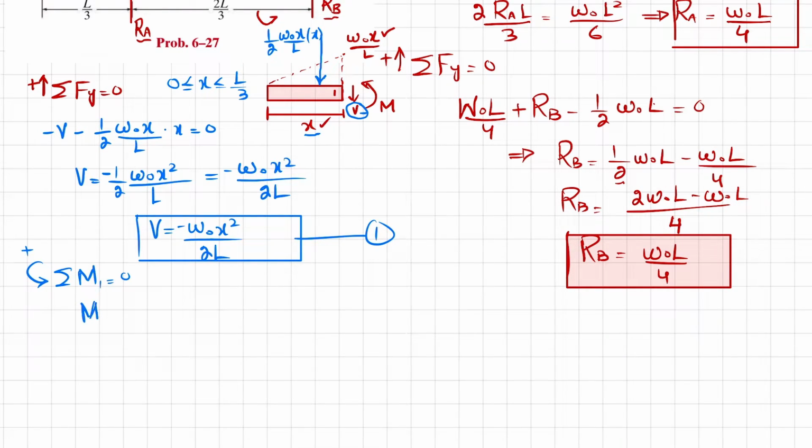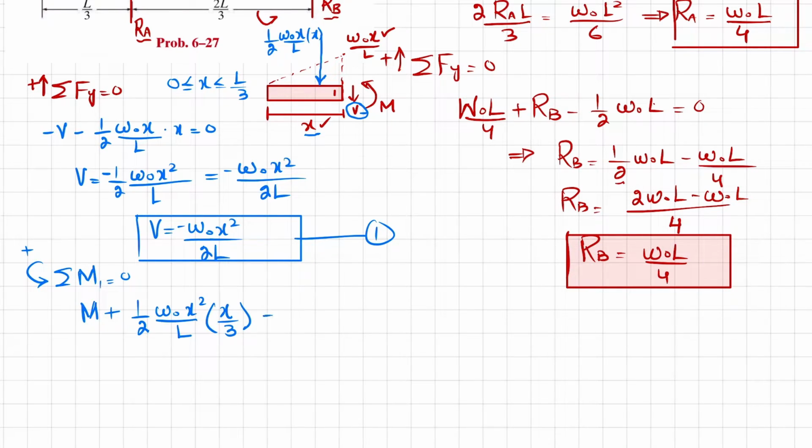So M plus, M is counterclockwise, plus this force will also produce counterclockwise rotation, so it will also be plus. So plus 1 over 2 into W naught X square over L into the perpendicular distance X by 3.